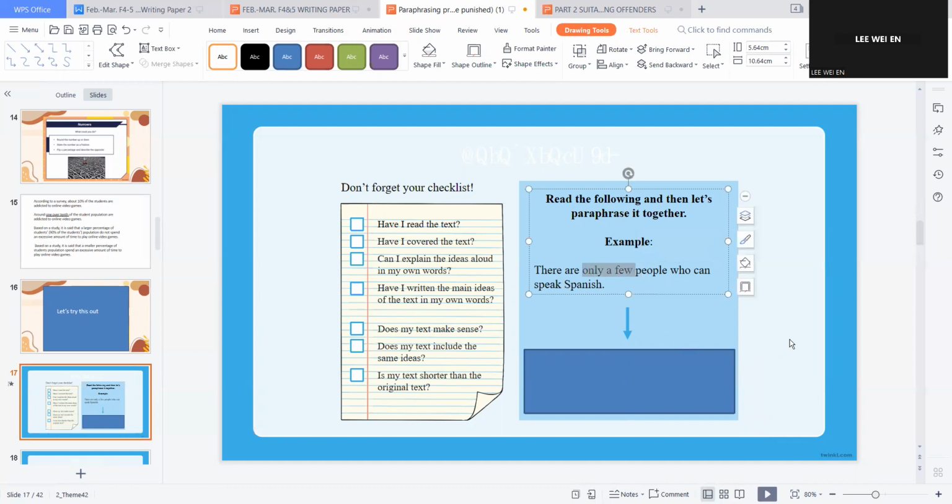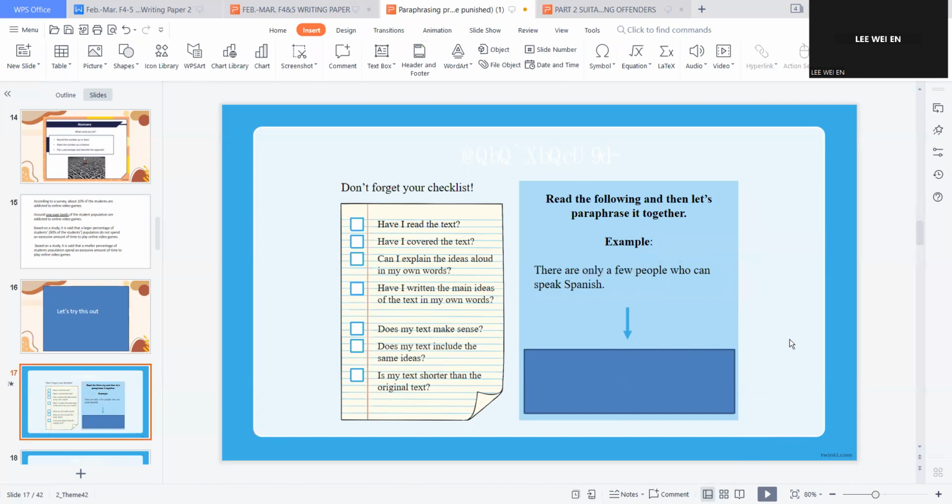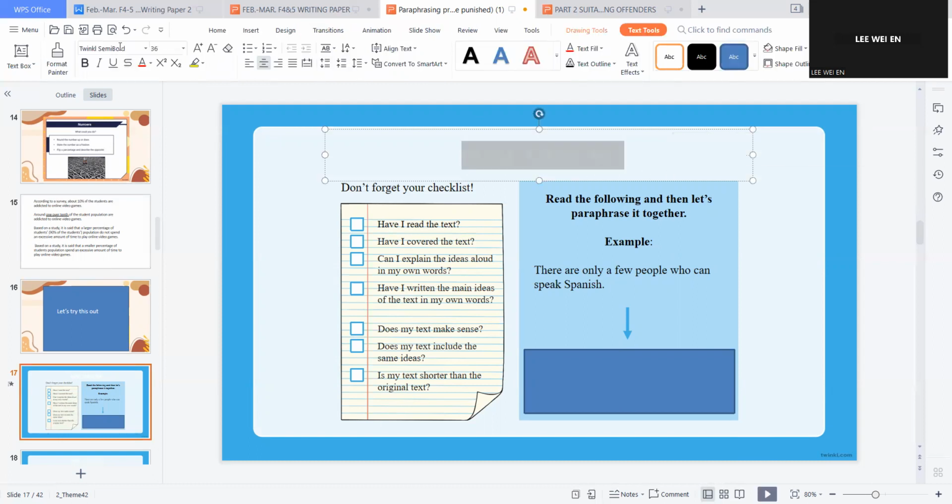So can you type in the chat box? Are you writing it? Yes. Okay.